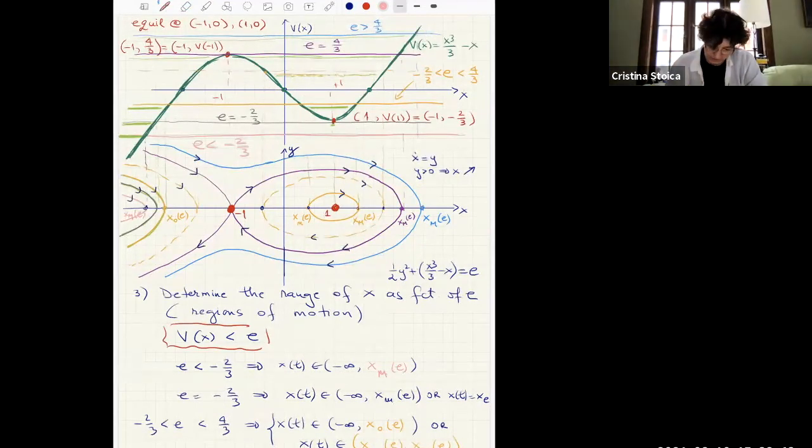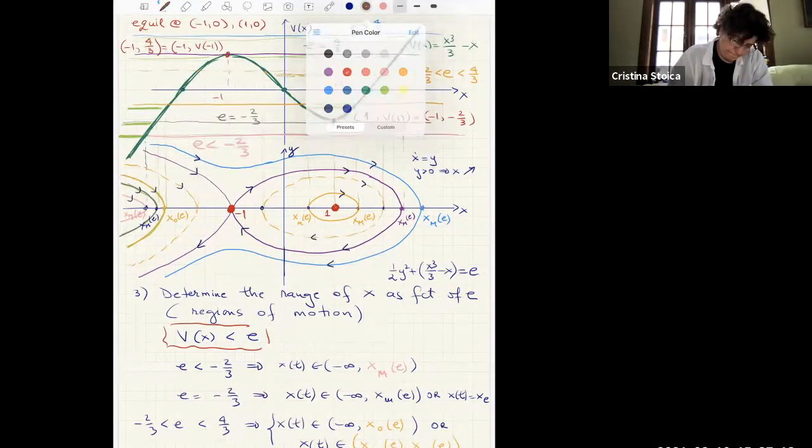And E at 2/3 is this one, and what color was that one? I don't know what color was that one, this guy here. xm of E. I'll just leave it like this because I don't know what color this is. Oh, it was a dark gray, wasn't it? Yeah. Okay.